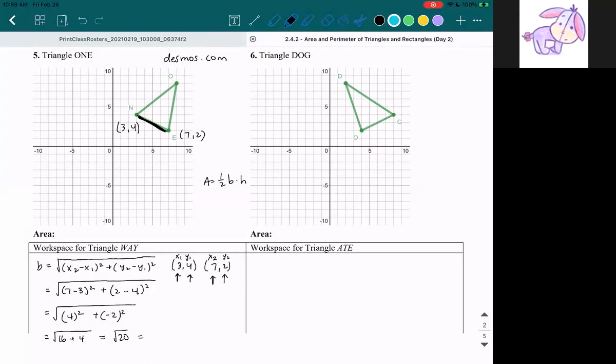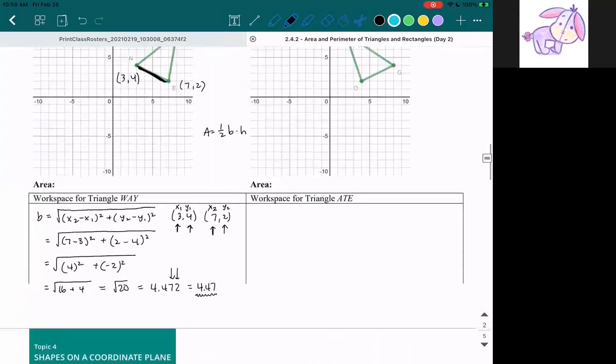This gives us 4.472. Remember, we're rounding to the nearest hundredths. So let's take a look at that 2 that is next to our hundredths place. 2 is a small number, so that means we're going to keep the 7 as it is, so 4.47. This is our base.